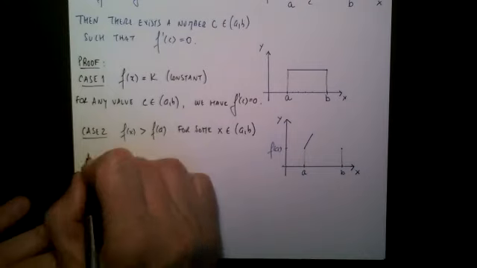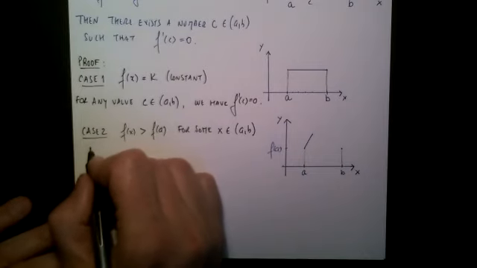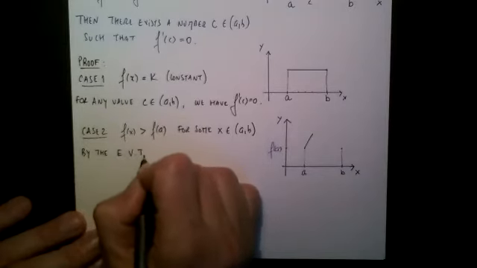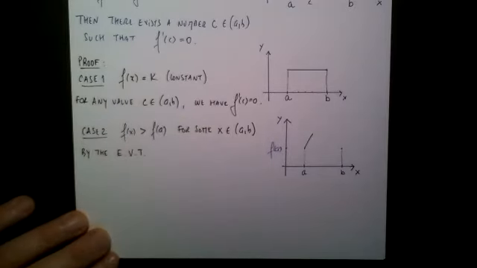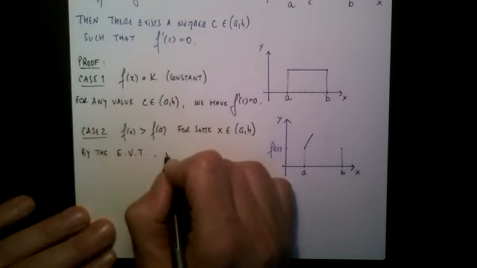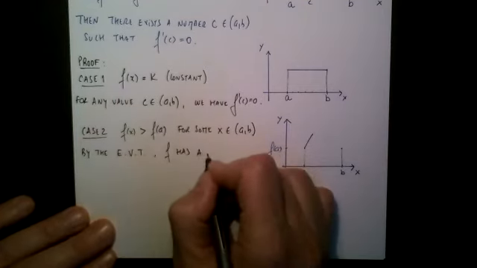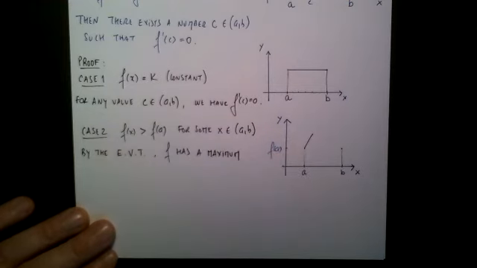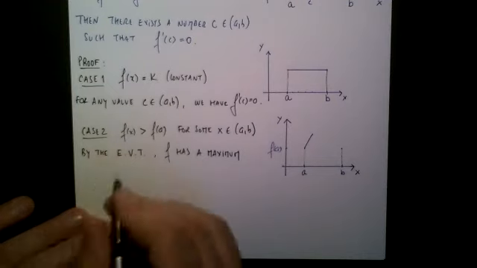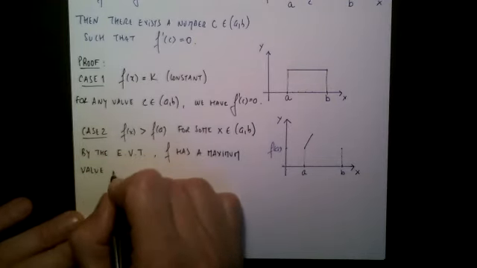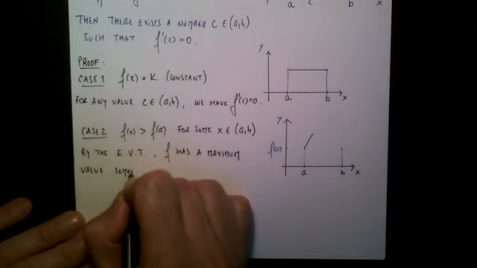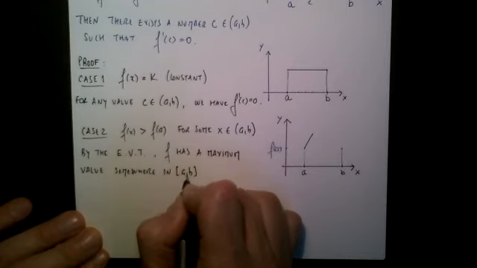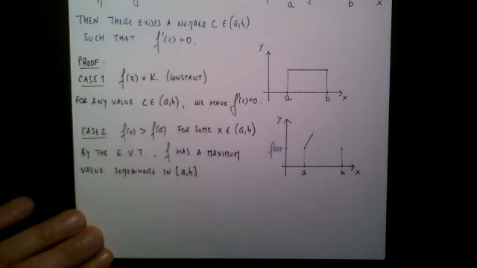So by the extreme value theorem, we know that f has a maximum value somewhere in the interval [a, b]. This we know, guaranteed.